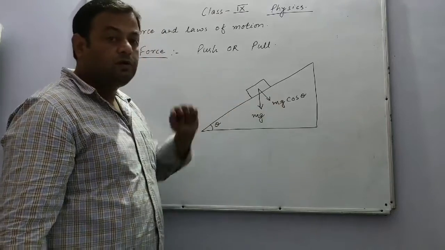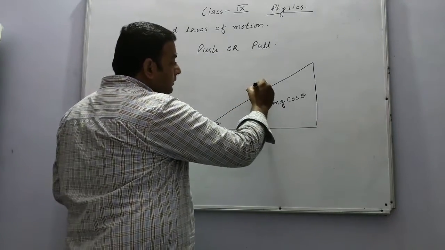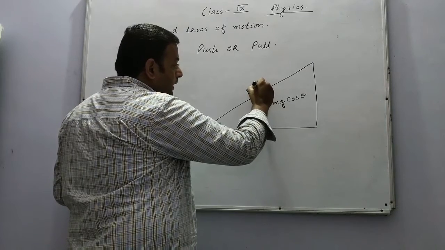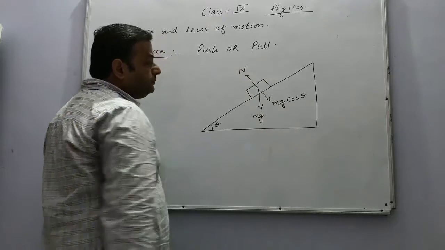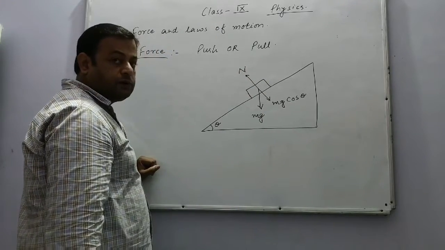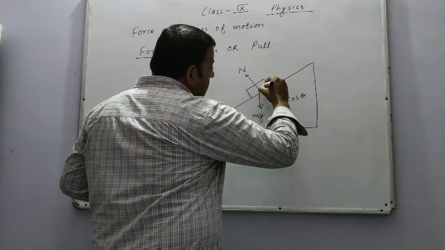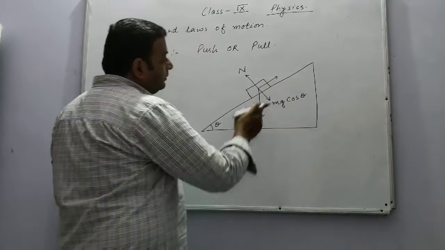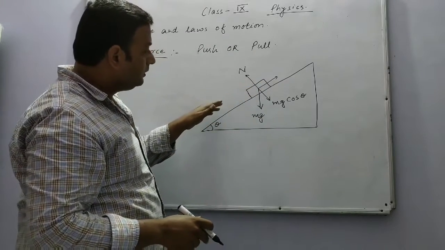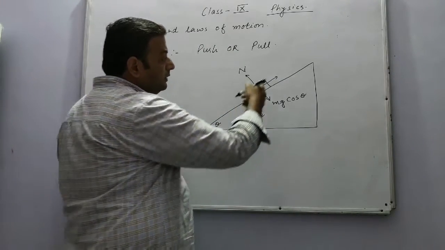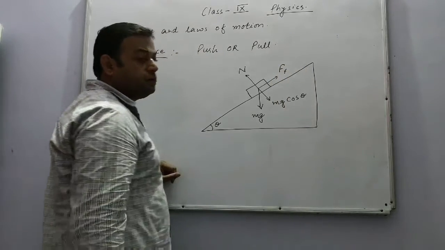The third force, in the just opposite direction of mg cos theta, is the normal reaction. The fourth force: this box will move downward, so the frictional force will act in the opposite direction. This is Ff, the force of friction.